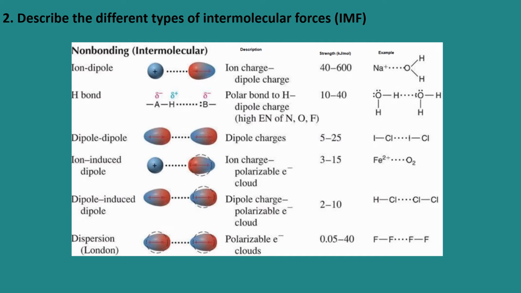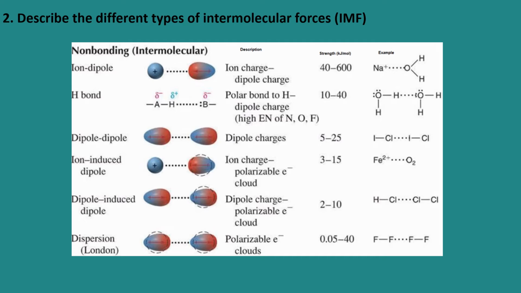Hydrogen bonds, for example, exist between water molecules. But it can also happen between water molecules and a molecule containing an atom with high electronegativity like nitrogen and fluorine.